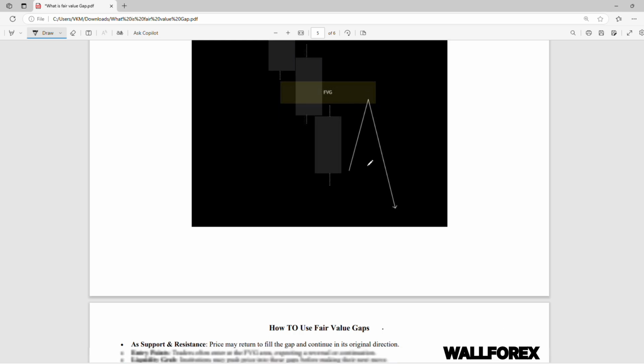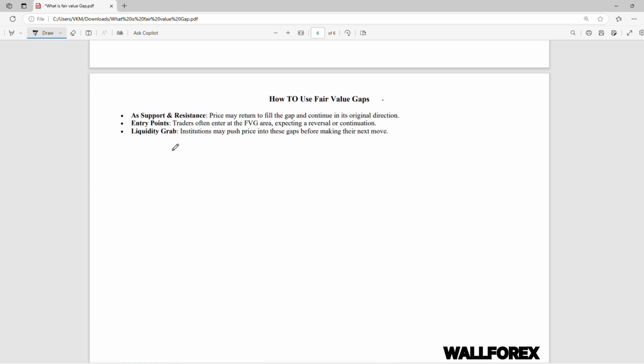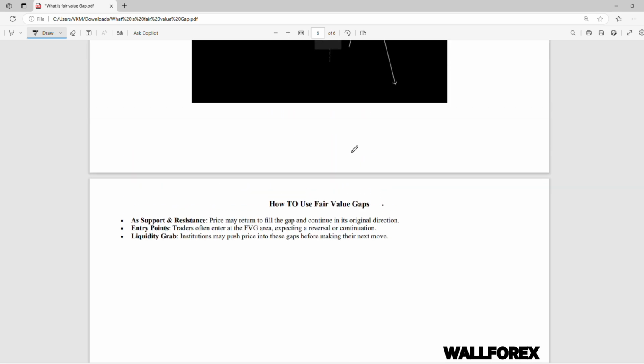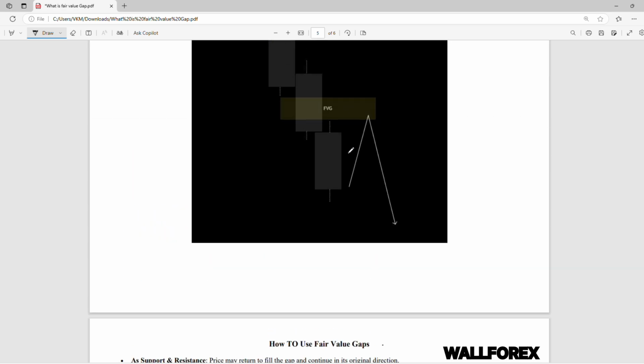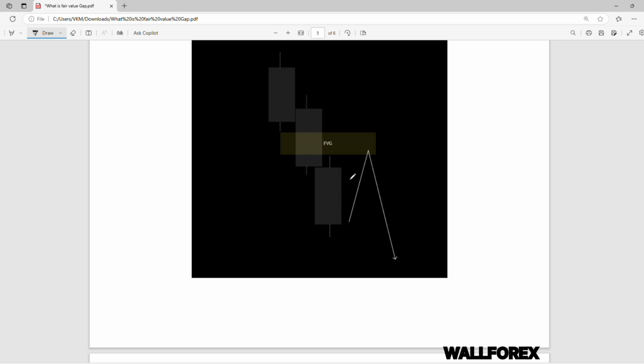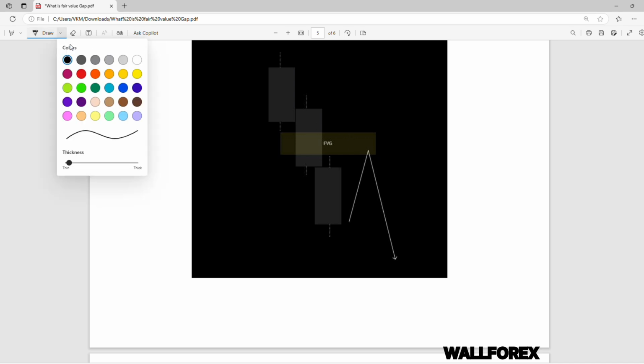Liquidity. Institutions may push price into a gap before making the move. If an institution wants to move the market, it cannot place a huge million-dollar order all within one order. They will create an order here like this.